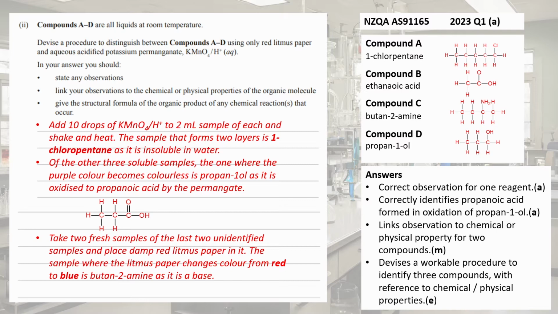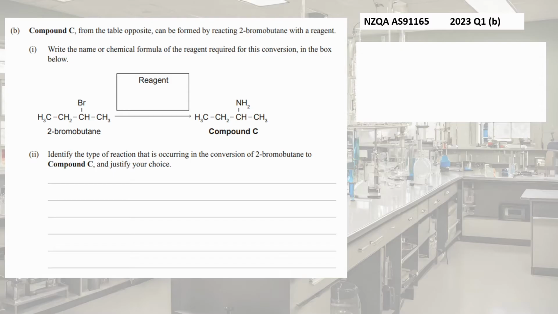That is, in compound 2, the carbons are linked in a circle. In compound 3, they're all in a line. That detail takes it to a Merit point. And that makes a lot more marks that we've collected for this question if we can give just a wee bit more detail. Let's have a look at the next question.